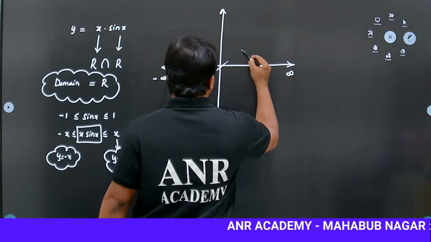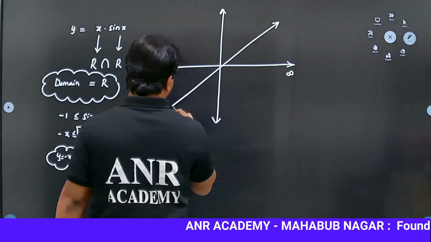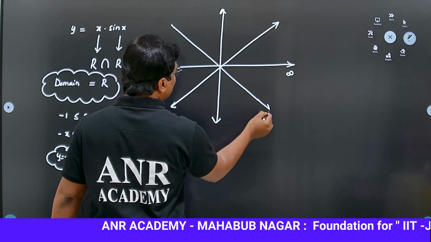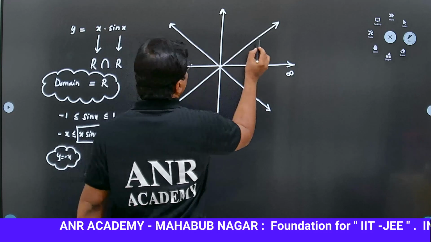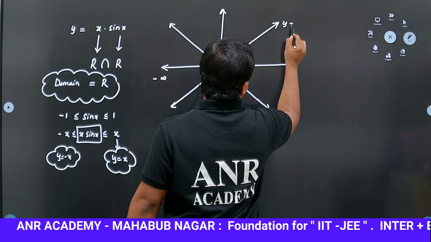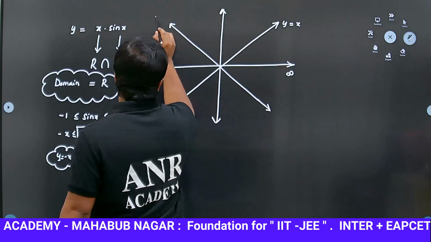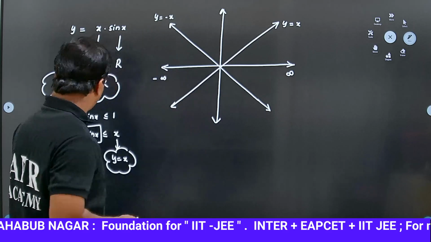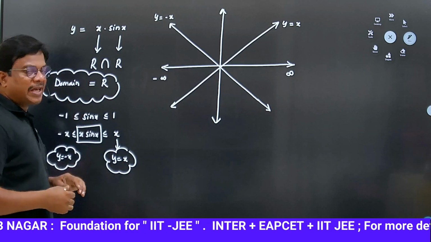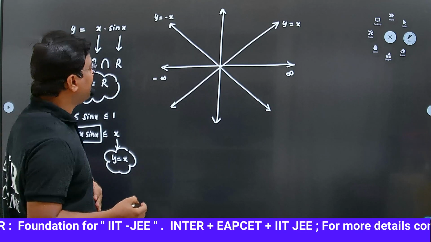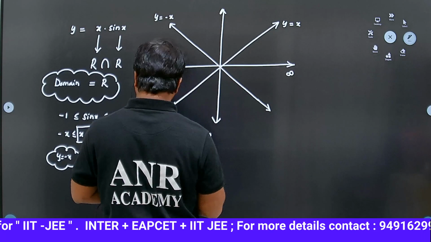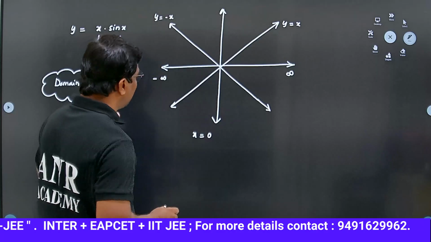You know that this is the graph of y equal to x and this is the graph of y equal to minus x. In between them, the graph of x into sin x exists. Suppose if you write x value 0, what happens?